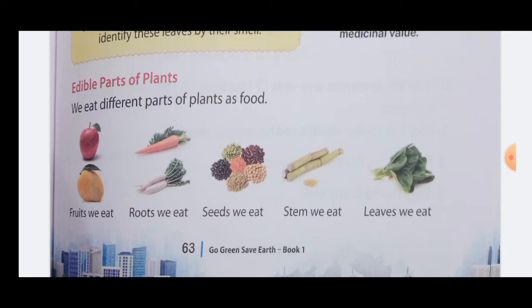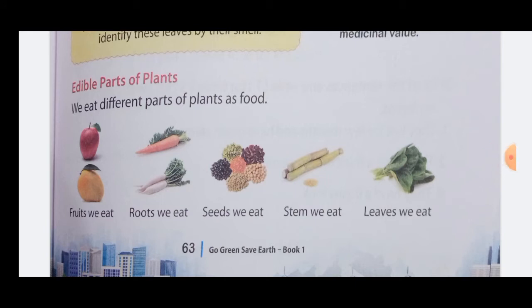Edible parts of plants. We eat different parts of the plant as food.